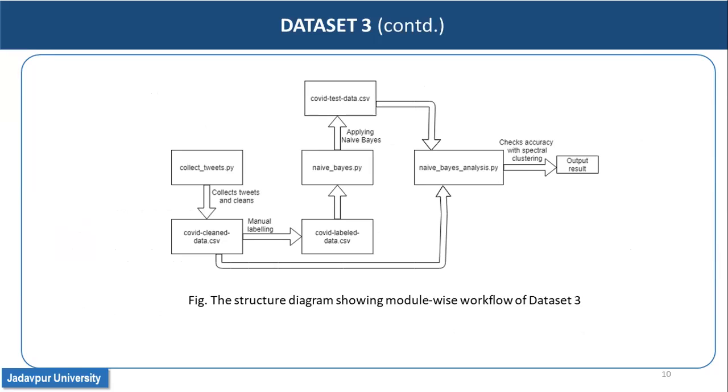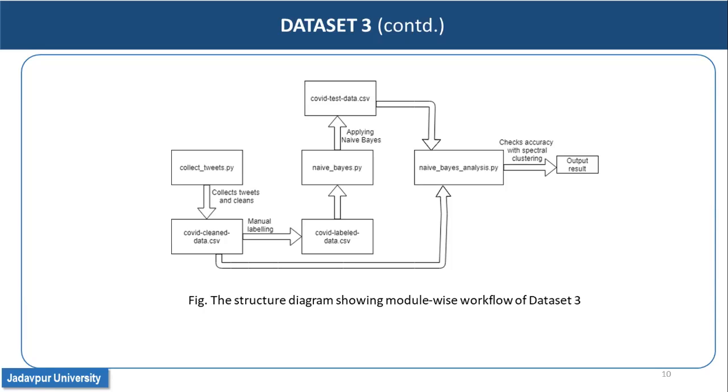Naive Bayes has been applied and the COVID test data has been generated, and in this way the naive Bayes analysis has been applied. The input labels have been created using hand labeling and also using spectral clustering, and the labels generated by the naive Bayes algorithm have been checked with the spectral clustering generated labels, and then the accuracy is computed against the trained dataset labels.